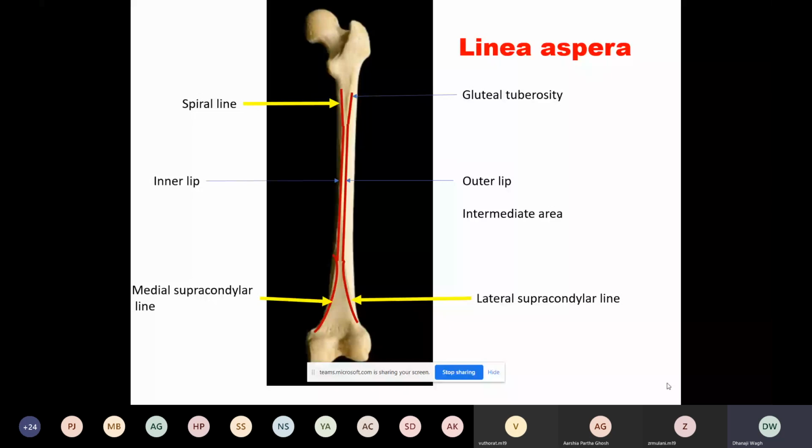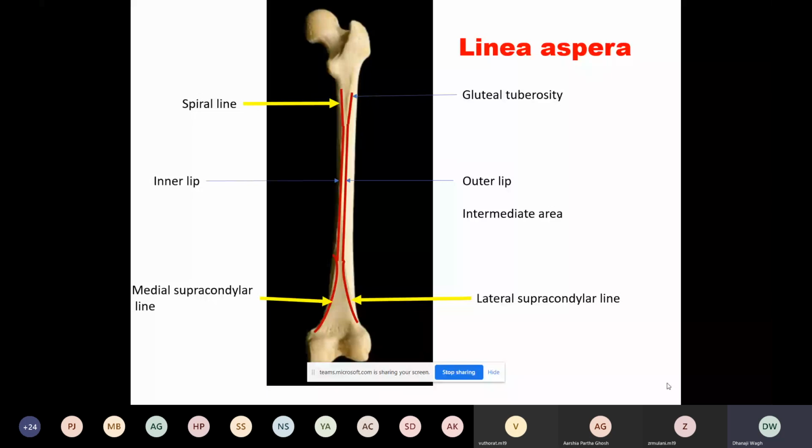This linea aspera has an inner lip and an outer lip, and you can see that at the upper and lower sides of the linea aspera, it diverges. So the medial or inner lip diverges in the upper portion and is continuous as the spiral line and goes towards the base of the lesser trochanter, whereas the lateral side, the outer lip, continues upward and diverges, and there is a gluteal tuberosity.